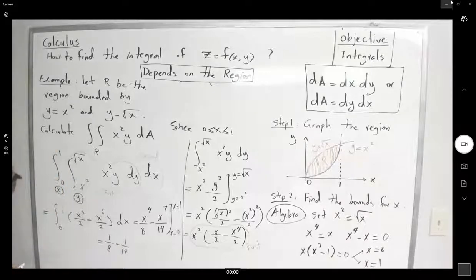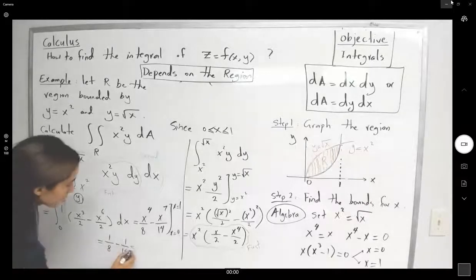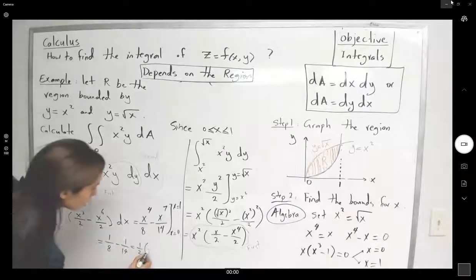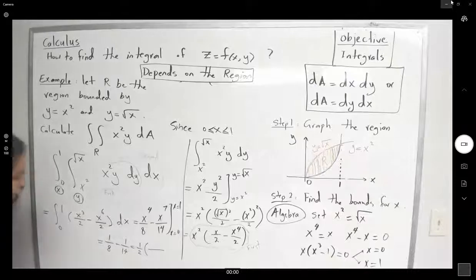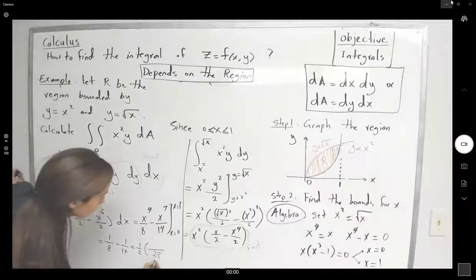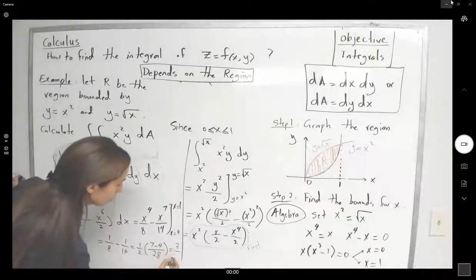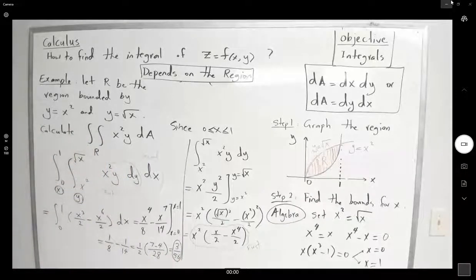Here I can factor out a half. And then I can take the common denominator. Three divided by 56. I hope the calculation is correct.